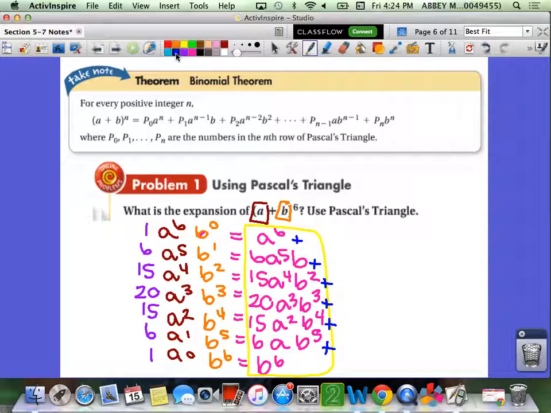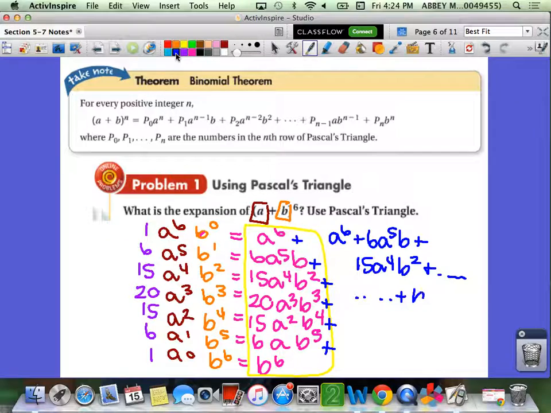So if you wanted to write this out, you would say a to the 6th plus 6a to the 5th times b plus 15a to the 4th b squared plus all the way out to our last term, which is b to the 6th.